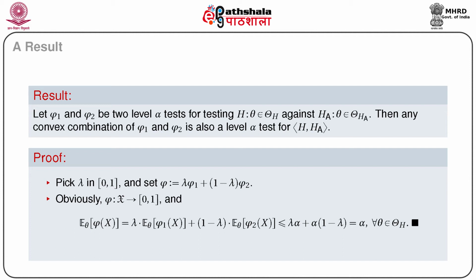This is so because both phi1(x) and phi2(x) are level alpha tests, and therefore we get the expectation of phi(X) under theta less than or equal to alpha for all theta belonging to script Theta_H, and hence phi(x) is also a level alpha test for testing H against HA.